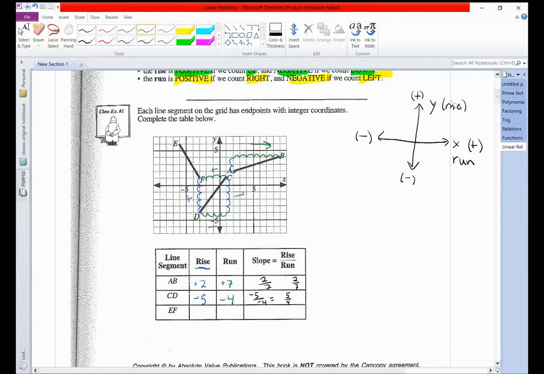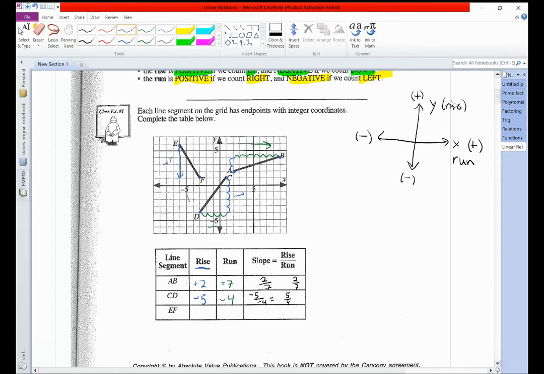And now we're going to look at EF. Just going to erase this here. We're starting from E and we're moving to F. The first thing we're going to do is the rise. It looks like we're going to go 1, 2, 3, 4, 5.